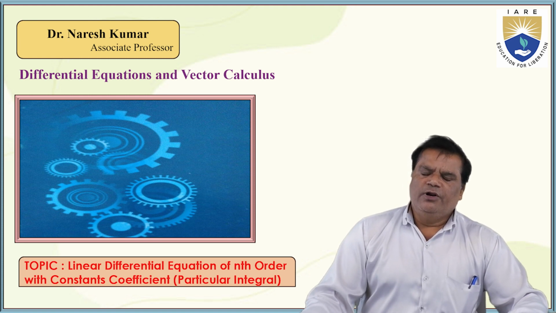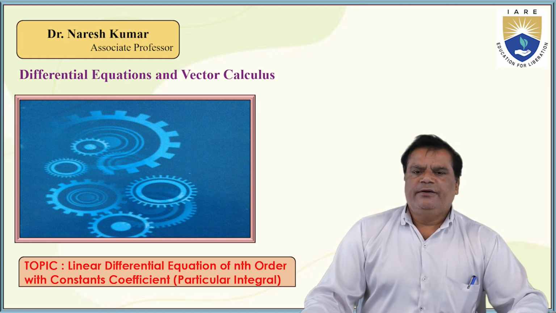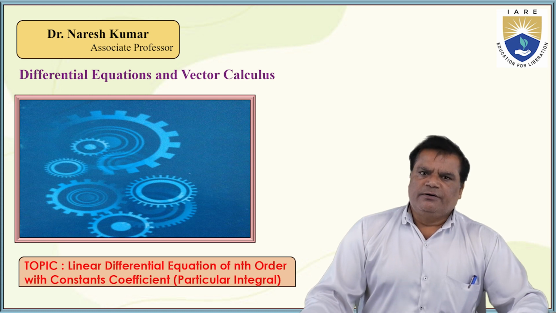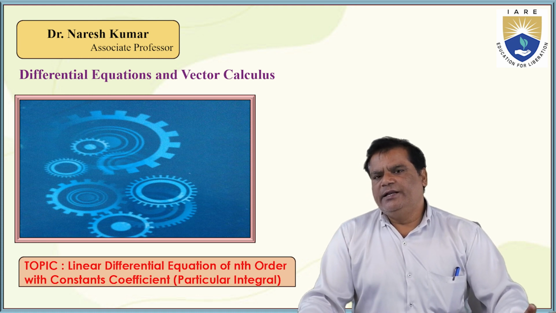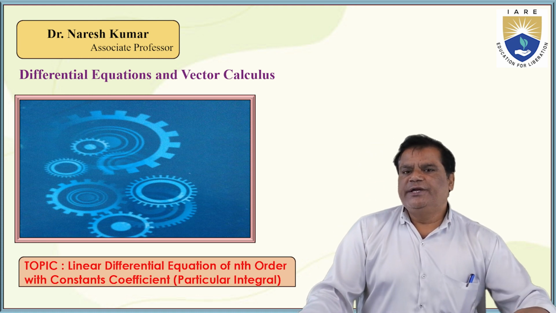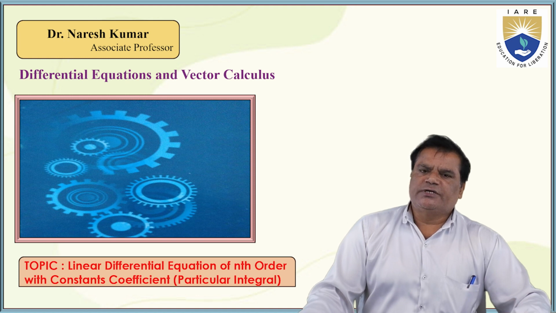There are only 4 types to find out the complementary function of any linear differential equation with constant coefficient. I have discussed in detail in last videos how we can find complementary function of a given linear differential equation with constant coefficient.